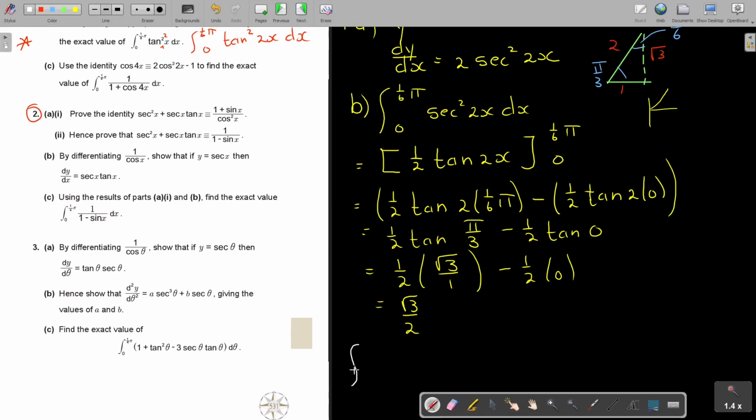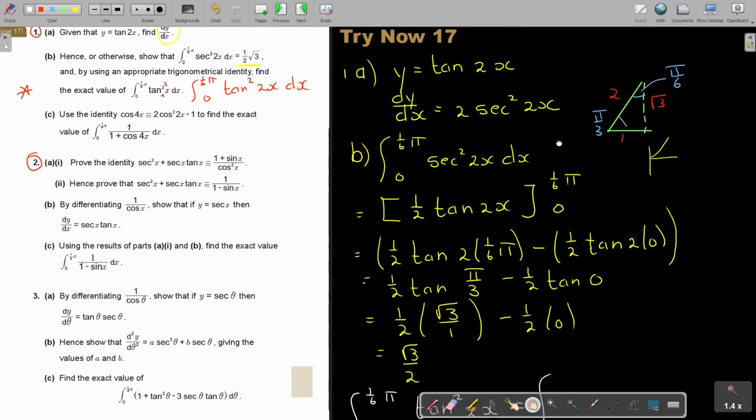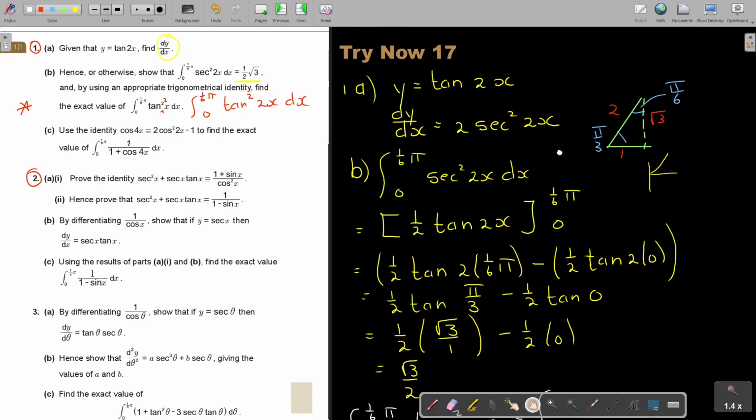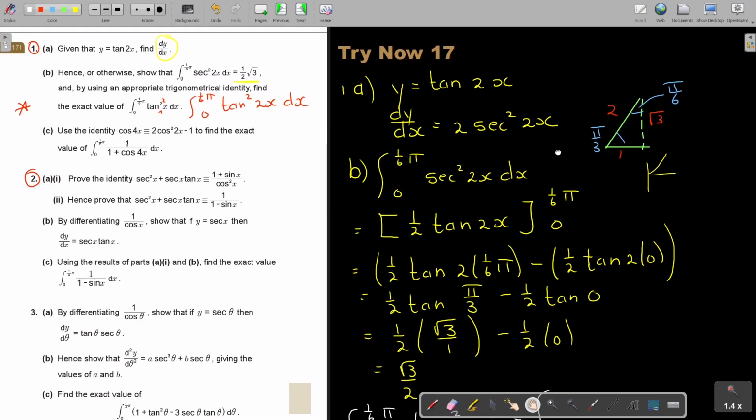So the integral from 0 to 1 over 6 pi of tan squared 2x. Remember they let me do something so that it helps me. So let's go back and see what I did there.